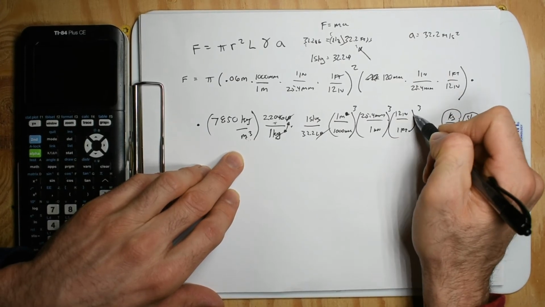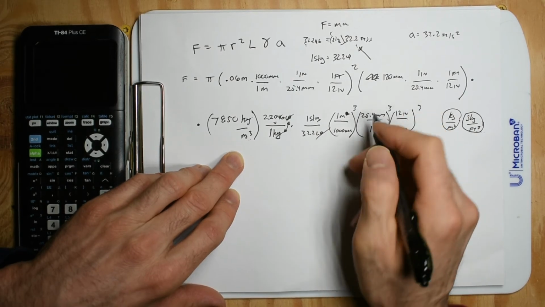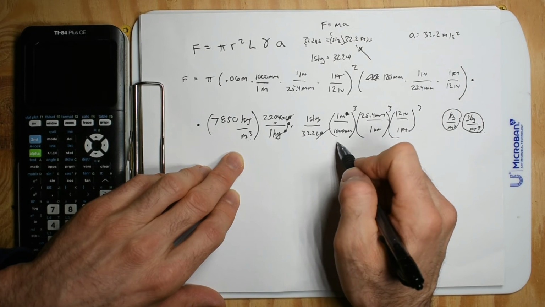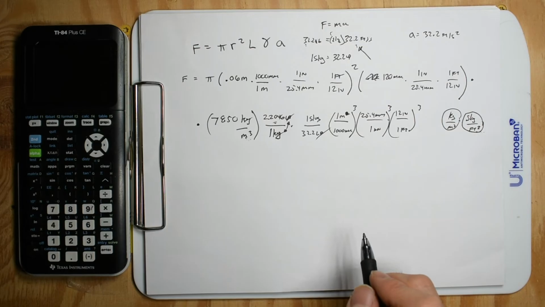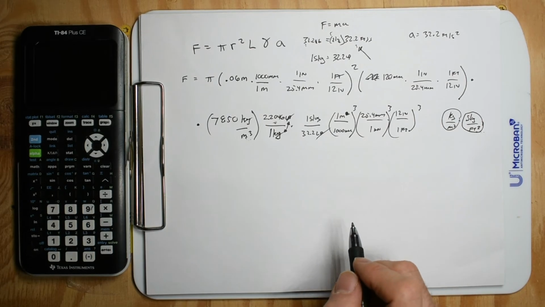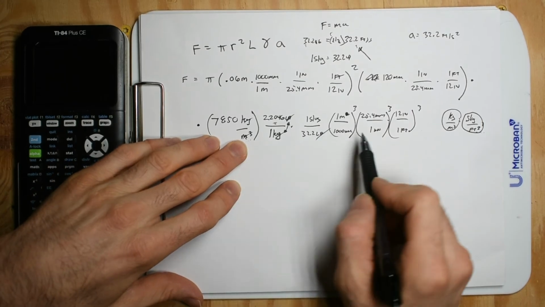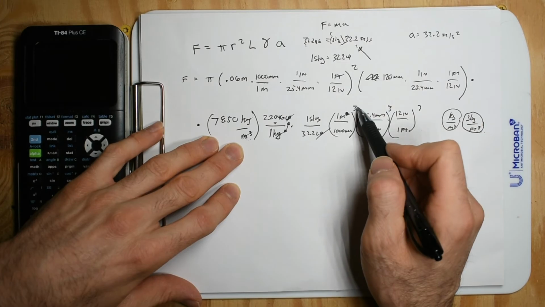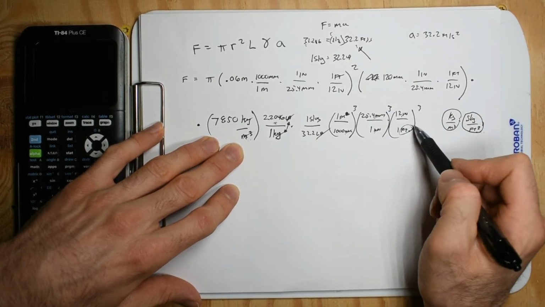So it's basically 12 cubed, 25.4 cubed, and then 1,000 cubed. 1,000 cubed is a billion? Yeah, holy Toledo. Okay, so all right, moving on. So now we can cross out the meters cubed because we converted. So the meters cubes cancel, the millimeters cubes cancel, inches cubes cancel, and we're left with feet cubed.